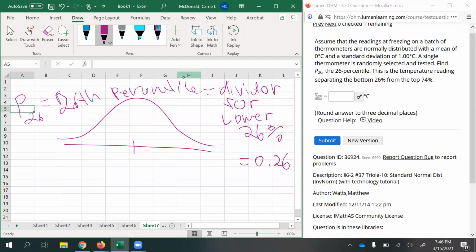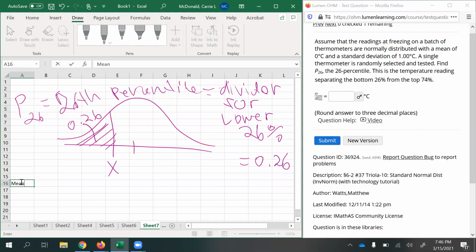So that means that I have a boundary that is cutting off the bottom 0.26 area, and I need to know what boundary that is. And so we have to, again, go through finding the mean, the standard deviation, the left boundary, the boundary, and then the left area is going to be used to find the boundary in this case. So we could say it in a different order. Put in the left area and then find the boundary.